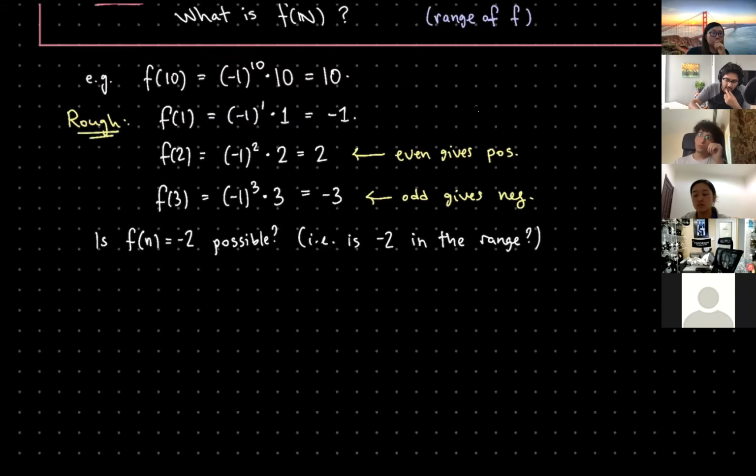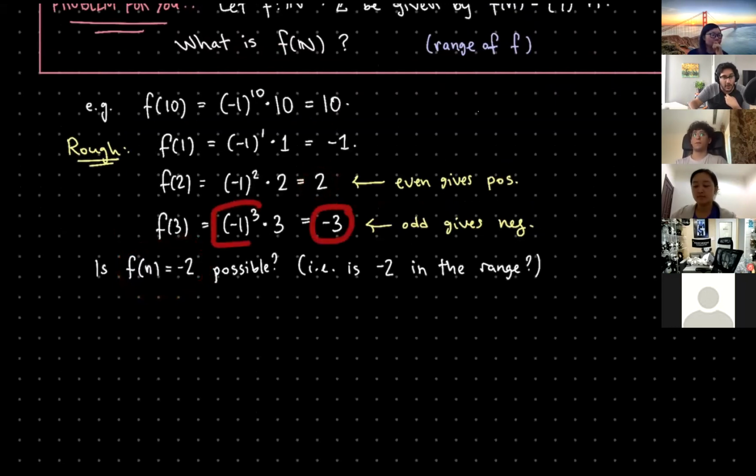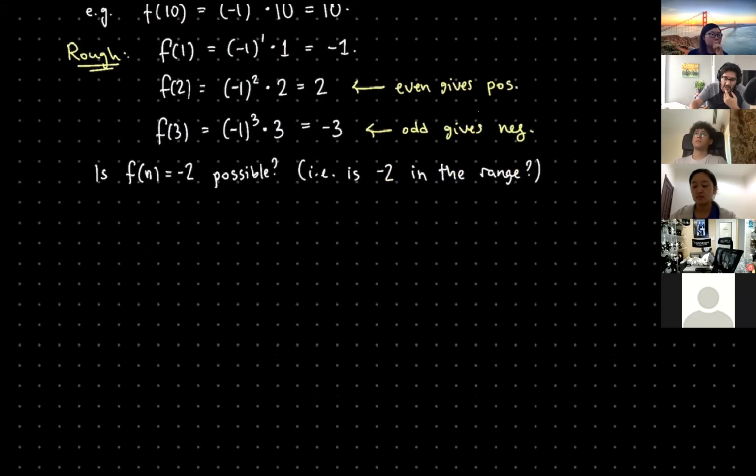You could try to calculate it, but you can also just notice that no, it's not possible, because for odd numbers I always get a negative odd output, and for even numbers I always get a positive even output. So now I can see a pattern, and maybe let's make a guess.